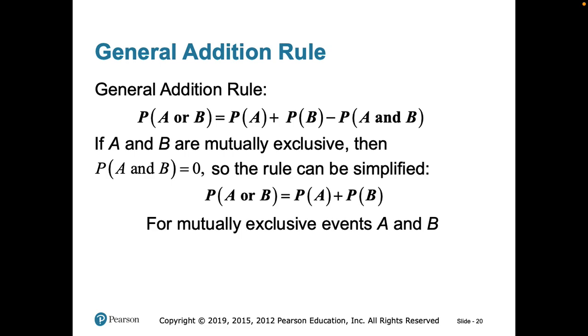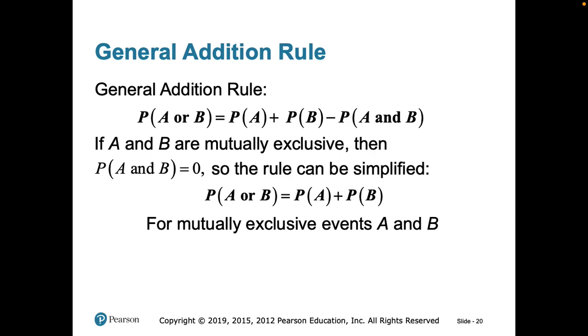Here is the general addition rule. The probability of A or B, remember this is not A and B but A or B, equals the probability of A plus the probability of B minus the probability of A and B occurring together. You have to subtract the probability of A and B happening together, if not you are double counting.